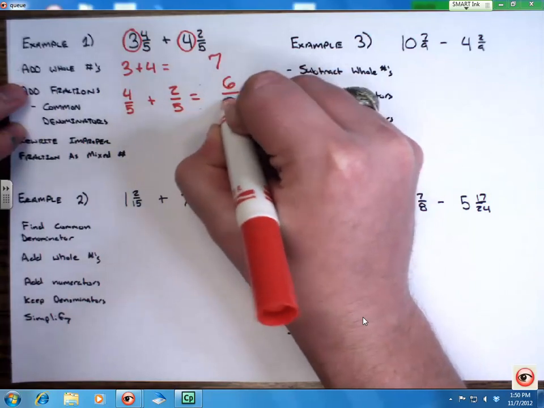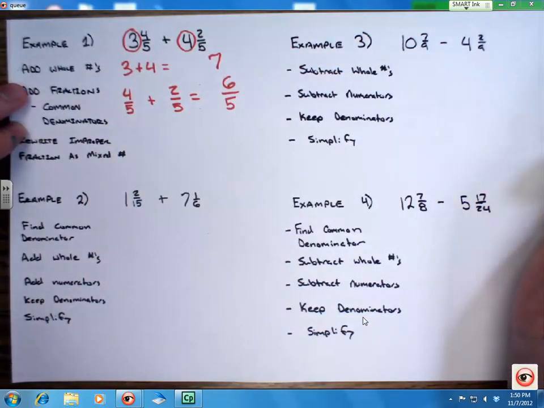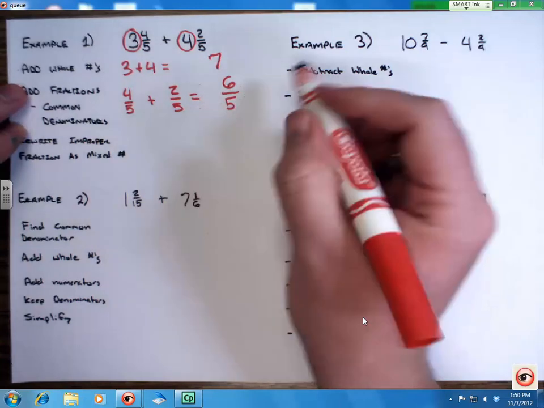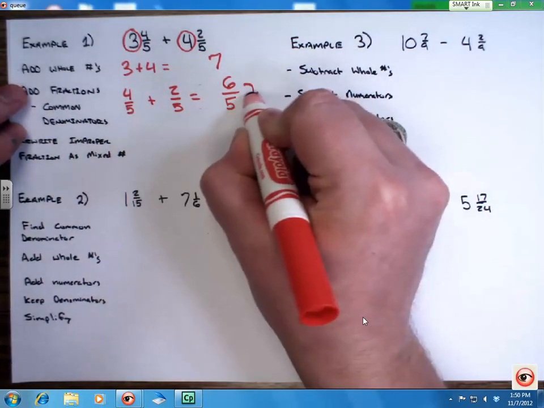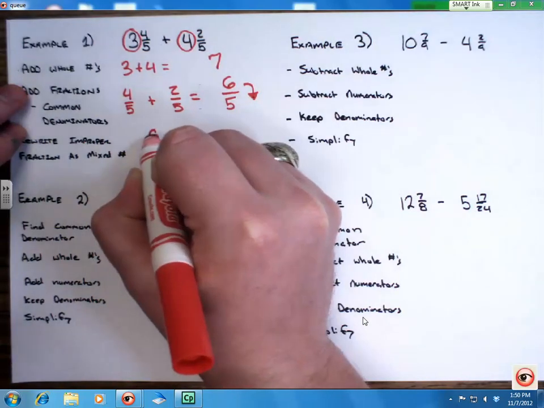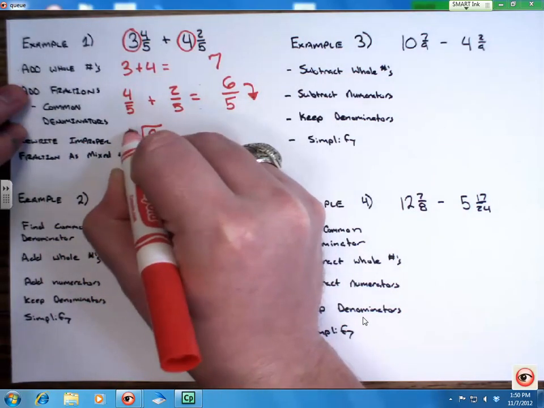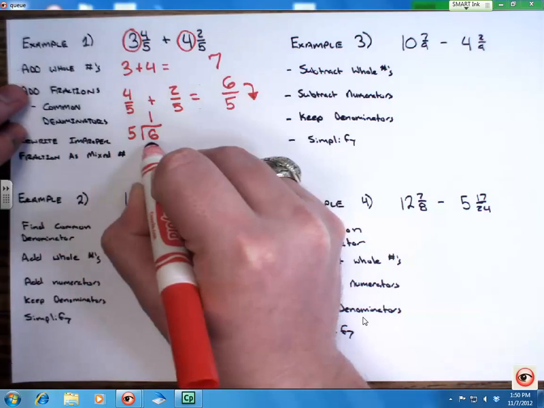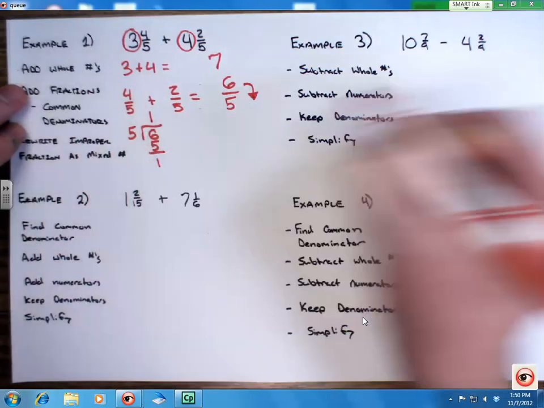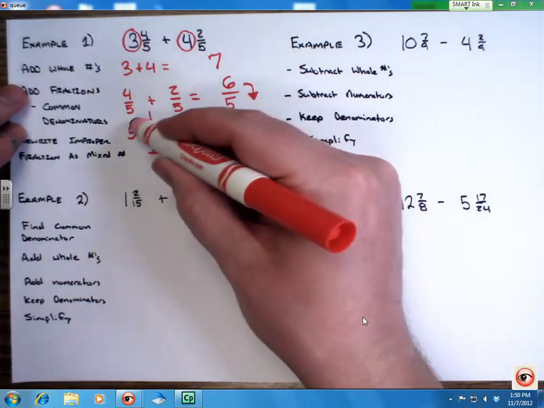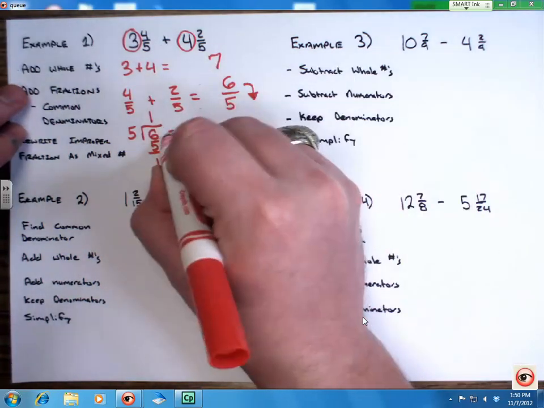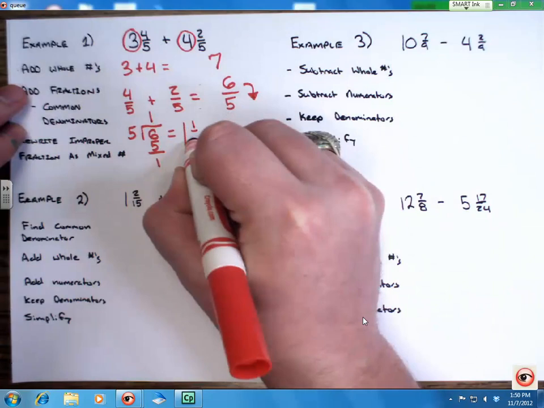Remember, your denominator stays the same. Now I'm going to go ahead and simplify this 6/5 right now. Remember, to do that, we divide up. So we're going to have 6 divided by 5. 5 goes into 6 one time, giving us a leftover of 1. Now remember, we put our remainder over the number that I divided by, so this is going to be 1 1/5.